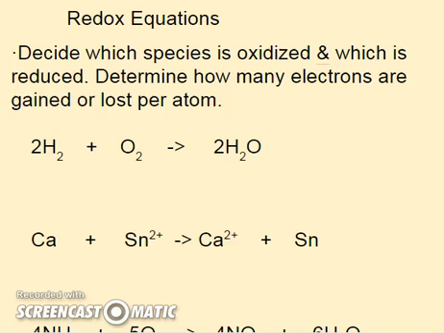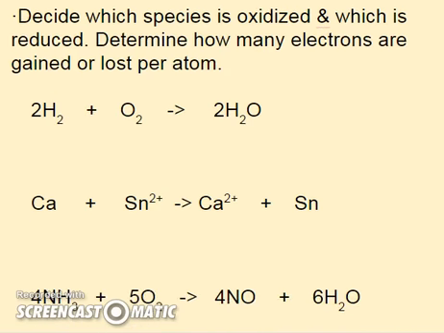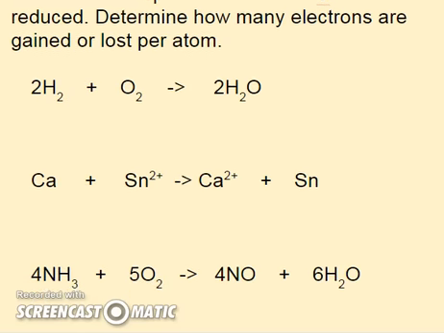For example, you might remember a couple of these examples from the previous notes from 9.1. It says, decide which species is oxidized and which is reduced. Determine how many electrons are gained or lost per atom. If I scroll down here a little bit, you'll remember with H2 and O2, those are both going to be 0 because they're elemental. Over here, H is going to be a +1.